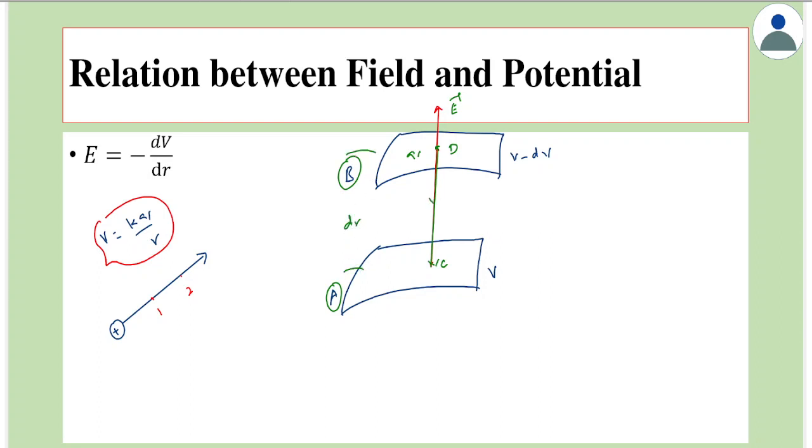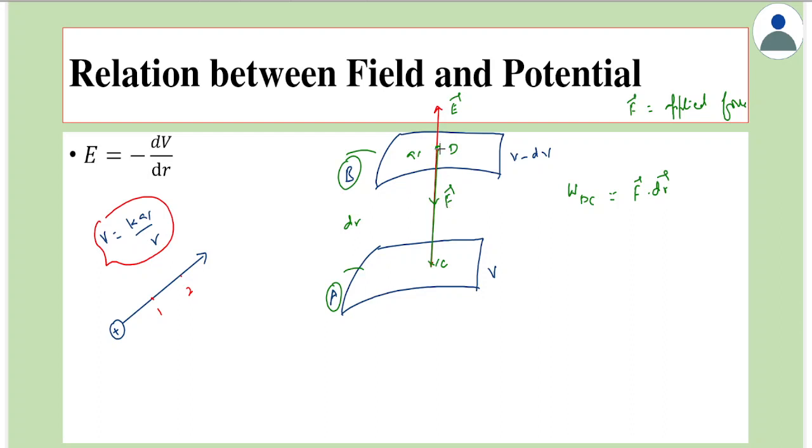The work done to move from D to C is equal to force into displacement. The force here is the applied force. The force we apply to move from D to C is the force needed to counter or balance the electric field.